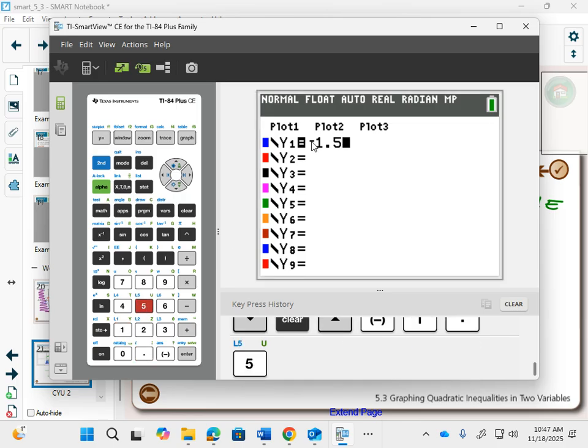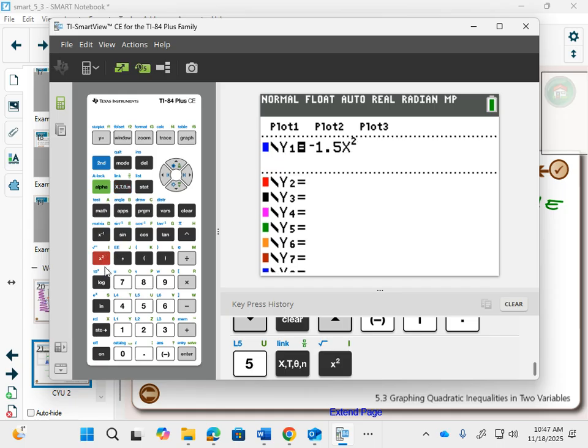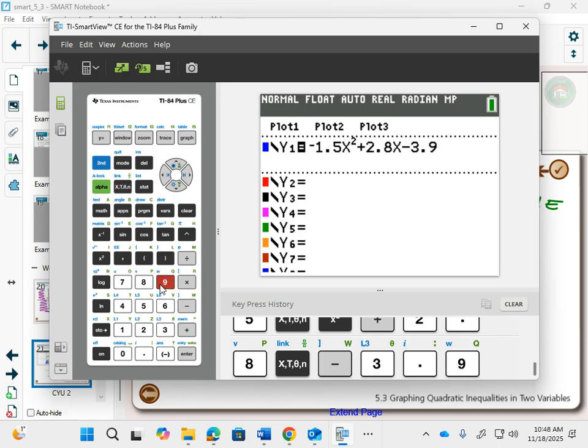So if you're not subtracting, you have to use the negative sign. Negative 1.5x squared plus 2.8x and minus 3.9. Obviously, it would not be a lot of fun to do completing the squares with the decimals just because it's annoying, but not because it's any harder.